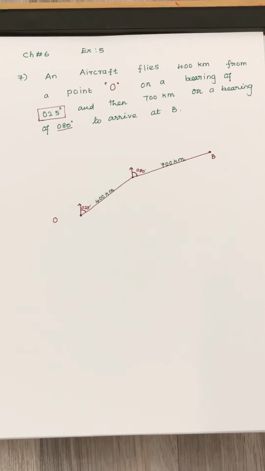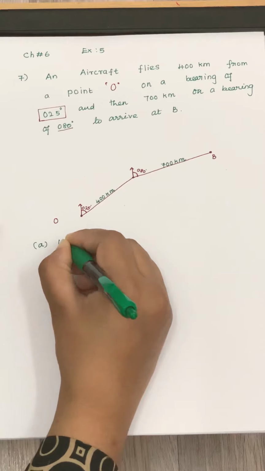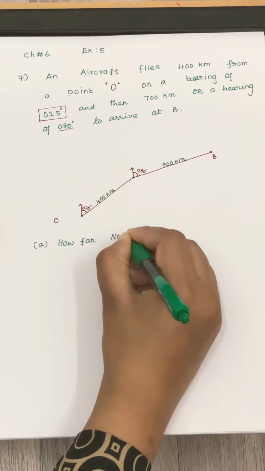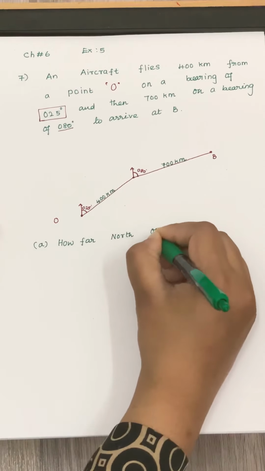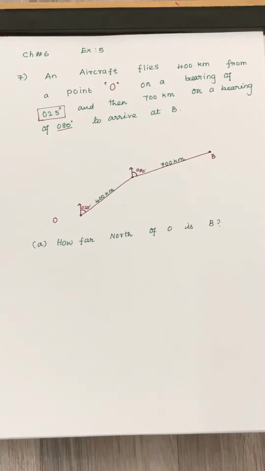Now read your question. We have 3 parts in this question number 7. Part A, they are asking, how far north of O is B? We have discussed this kind of question in the previous class: north of, east of, west of.